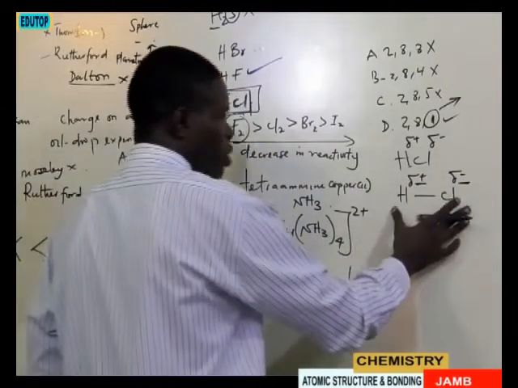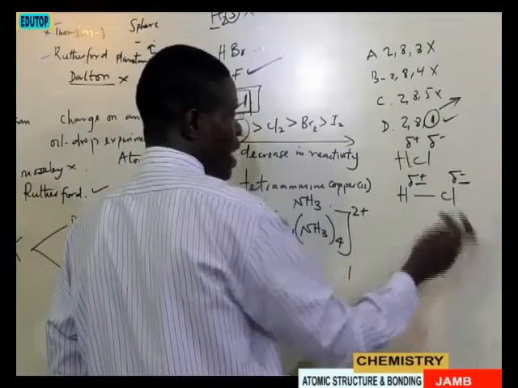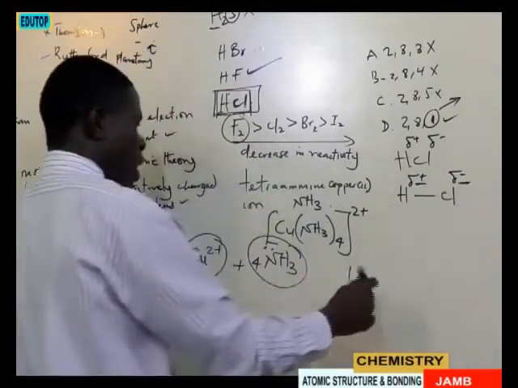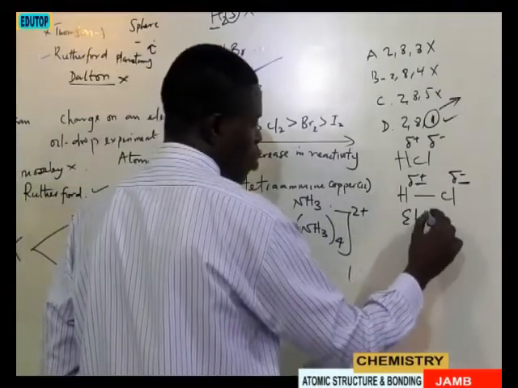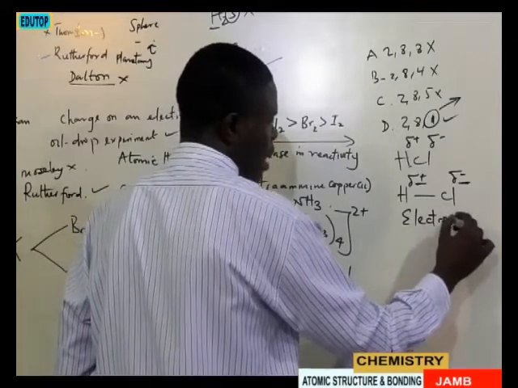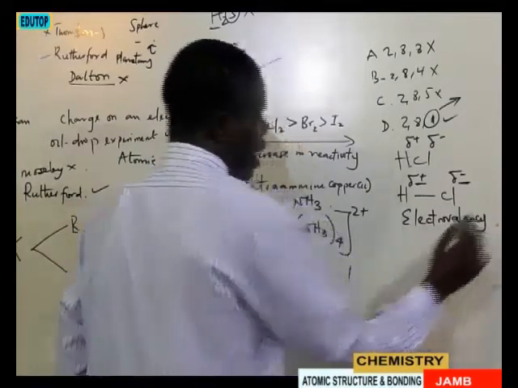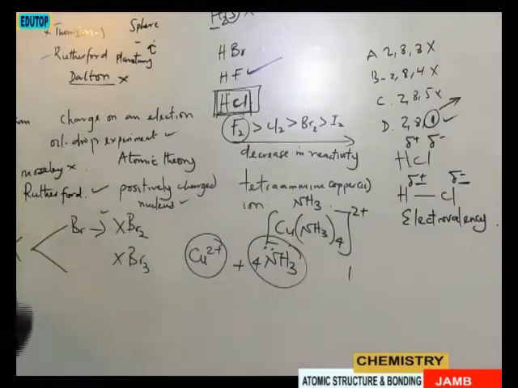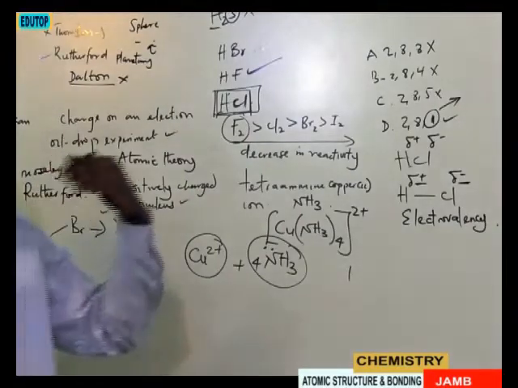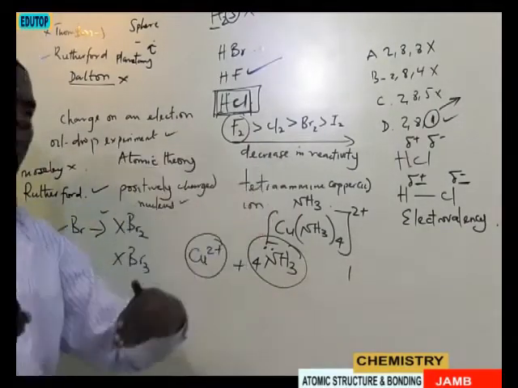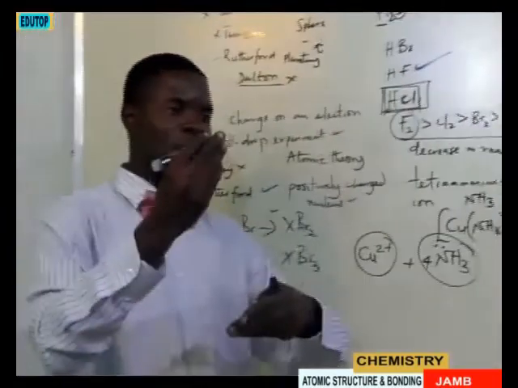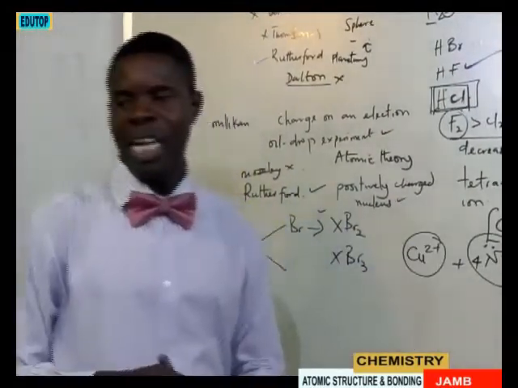And which concept talks about positively charged, negatively charged? There's no other concept other than electrovalency. There's the transfer. When a metal transfers, it becomes positively charged. When a non-metal accepts, it becomes negatively charged.